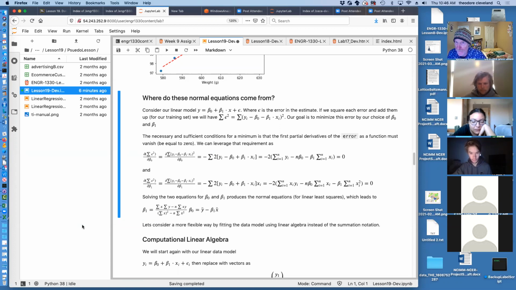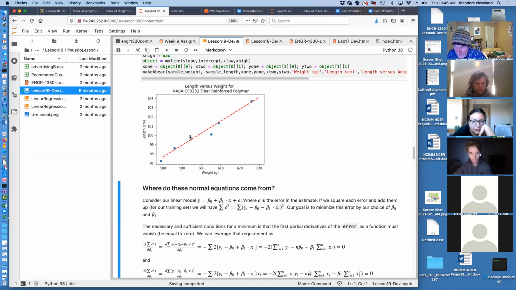And that error represents the distance from a point to whatever the current model line is. So this distance right here, we call that error. So in this particular picture, look at point number 3 right here where the cursor is, and point number 4 where the cursor is. Which of those two has the larger error?